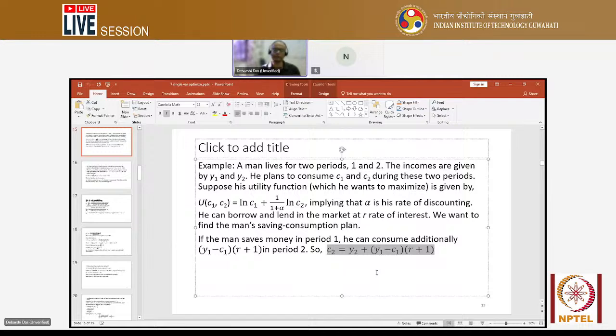In this case, what is the budget constraint? It is given by C2 equal to Y2 plus Y1 minus C1 multiplied by 1 plus R. Okay, so that is basically the answer. I hope it is clear now.